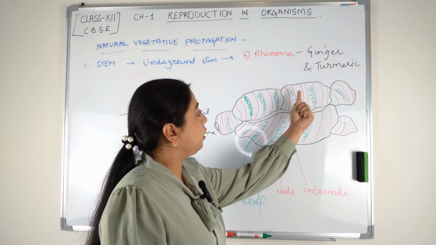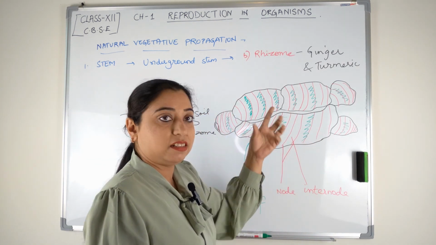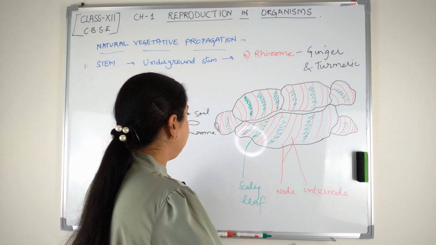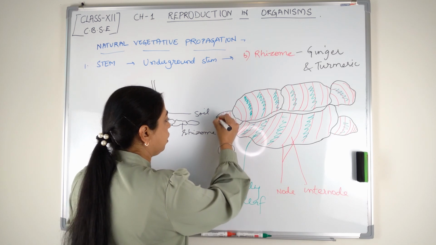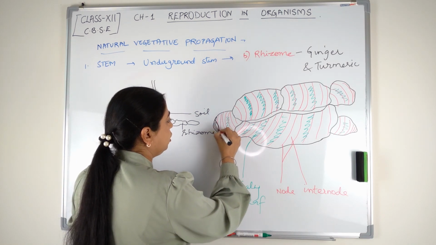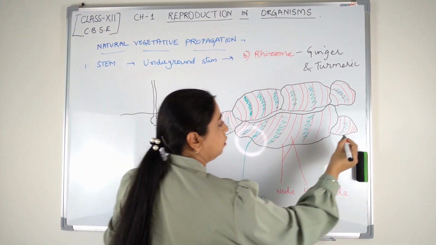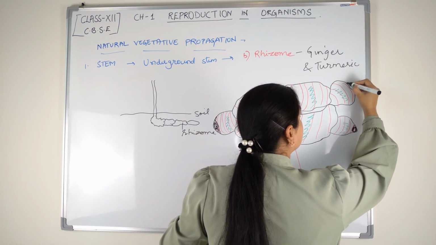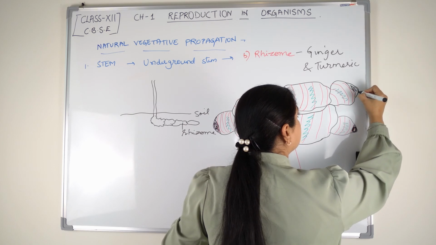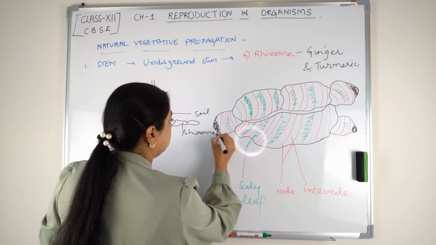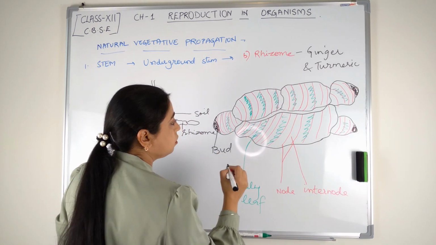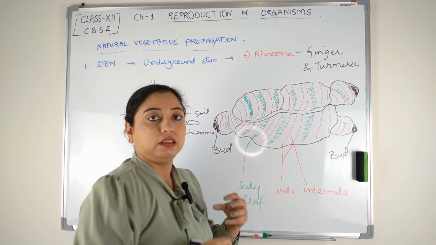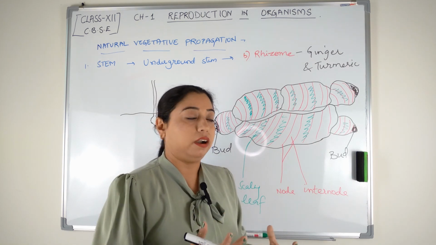Then at some places we can see large number of flaky, papery structures, which are scaly leaves. Even this part comprises buds. These are also known as buds. They are also storing the axillary bud.